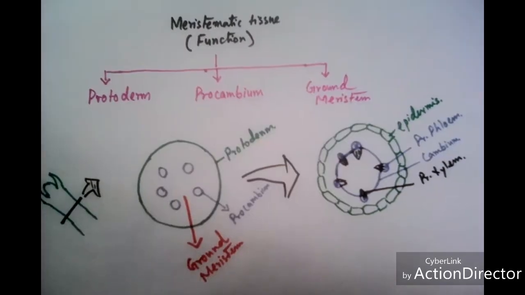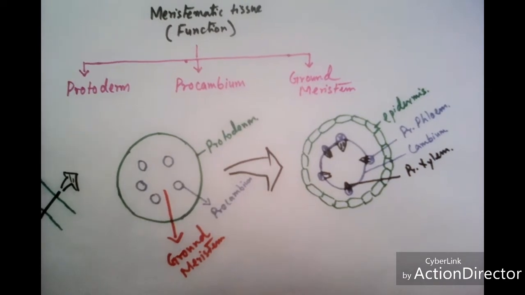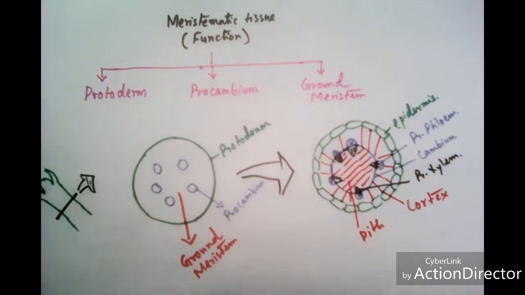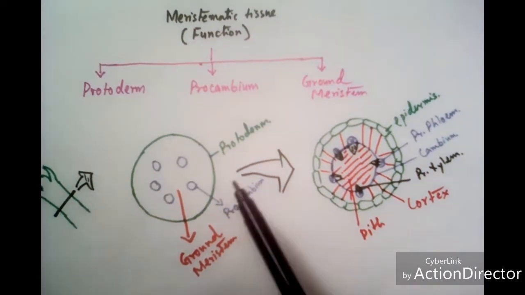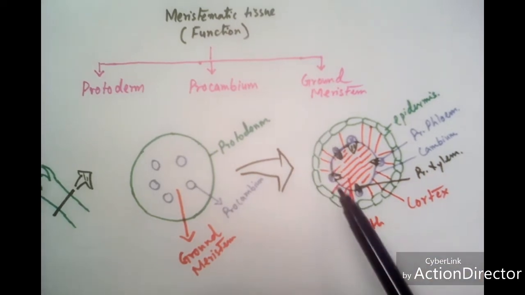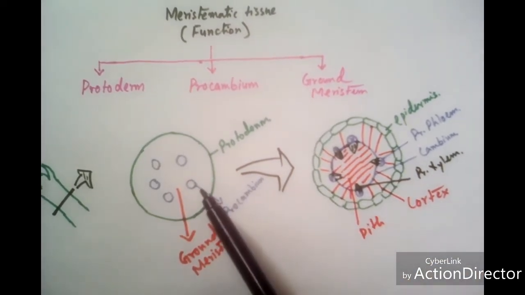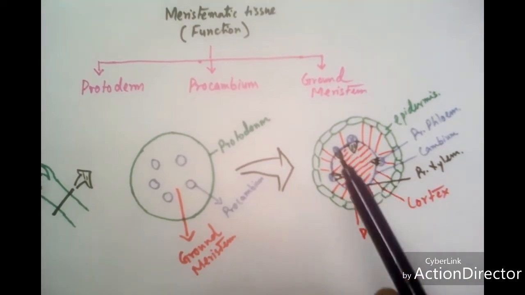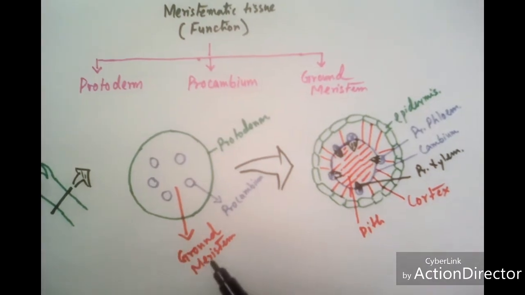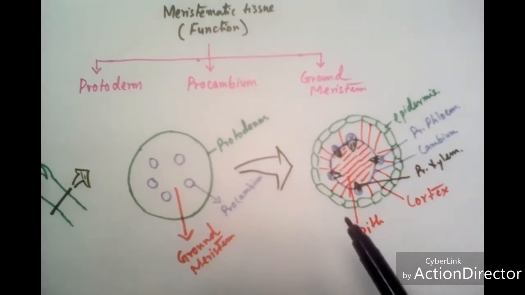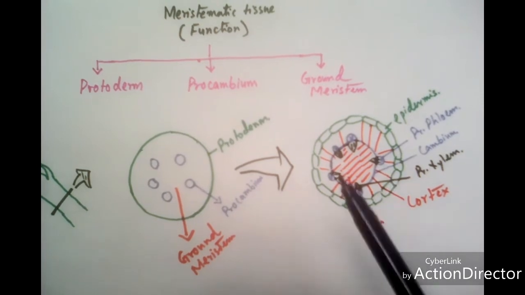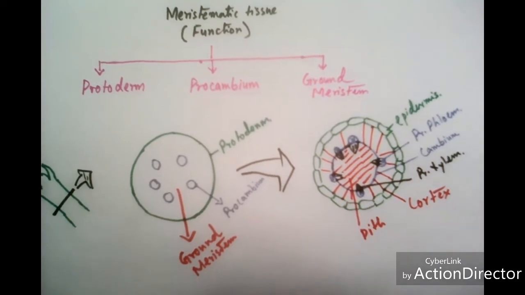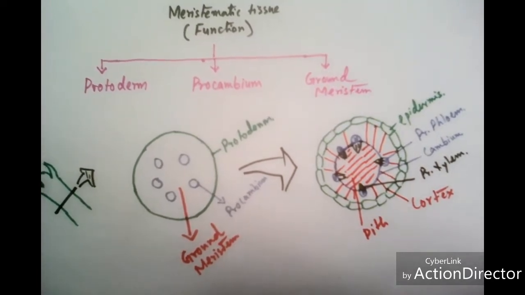And from ground meristem, the cortex and pith region are developed. So from protoderm, epidermis is produced; from procambium, primary phloem, primary xylem and cambium are produced, meaning the primary vascular bundle; and from ground meristem, the pith and cortex zone are produced. So these are the types of meristematic tissue according to their function.